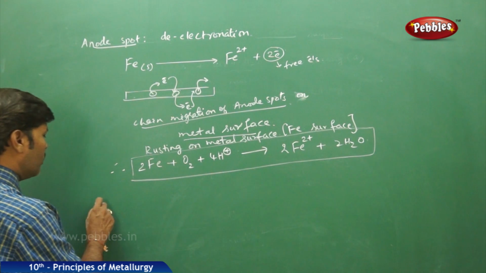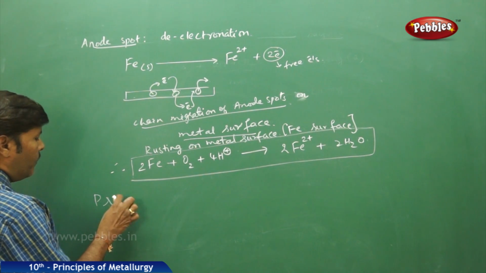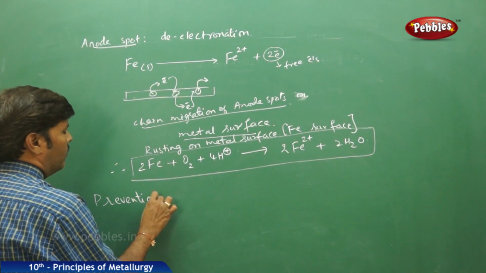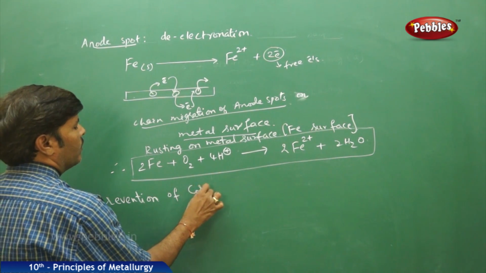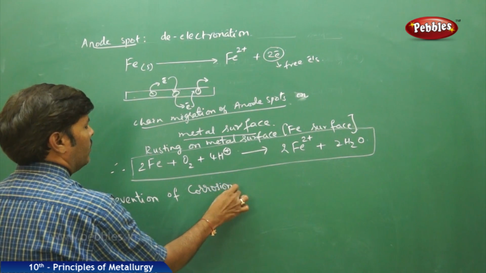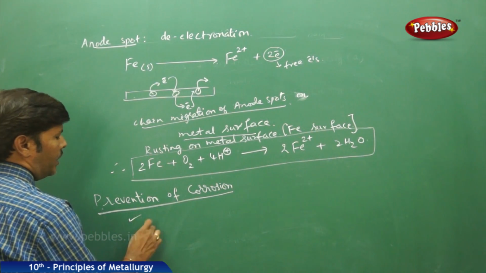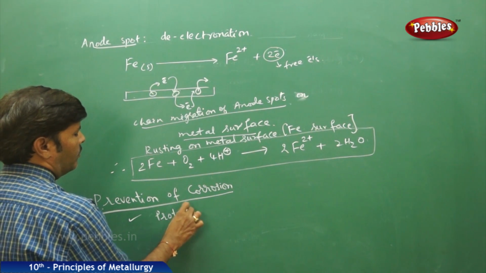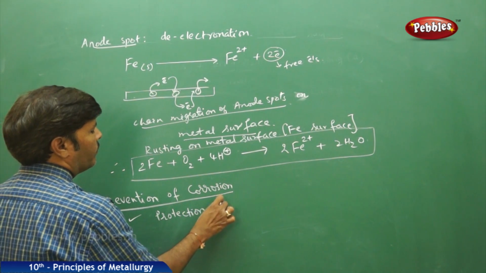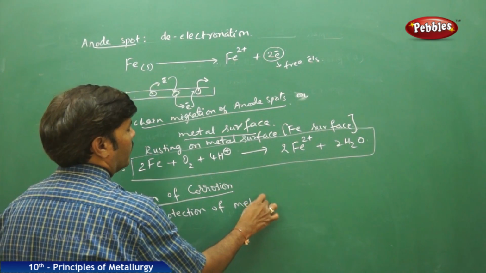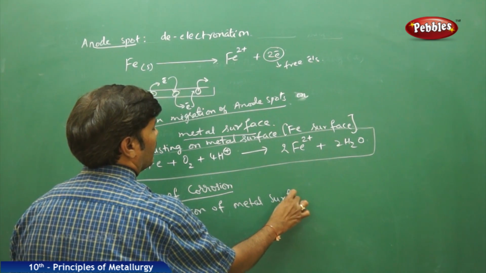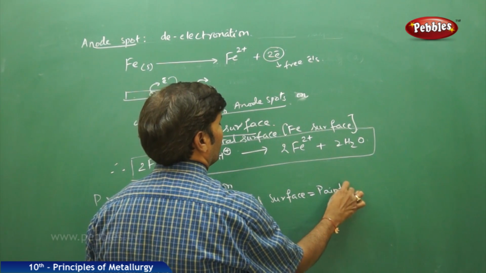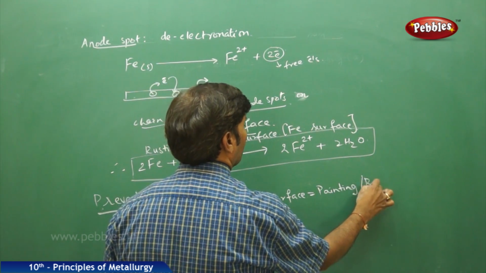Next, prevention of corrosion. We can take protection of the metal surface by painting. Painting is done through bisphenol.